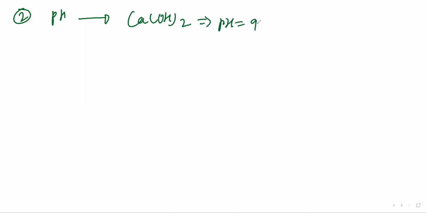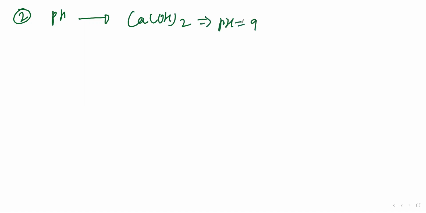Now look at the next sum, the second question. It is about the pH of a saturated solution. The compound is calcium hydroxide, Ca(OH)2, and its pH is already given, equal to 9.